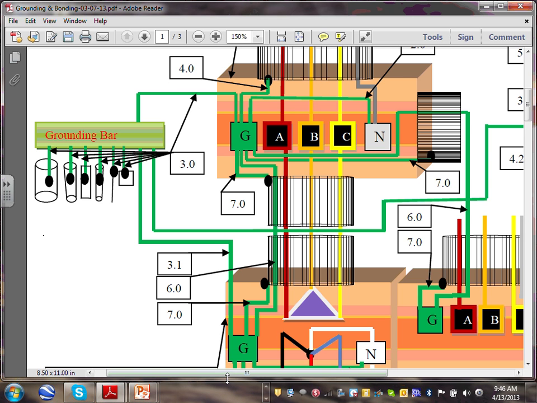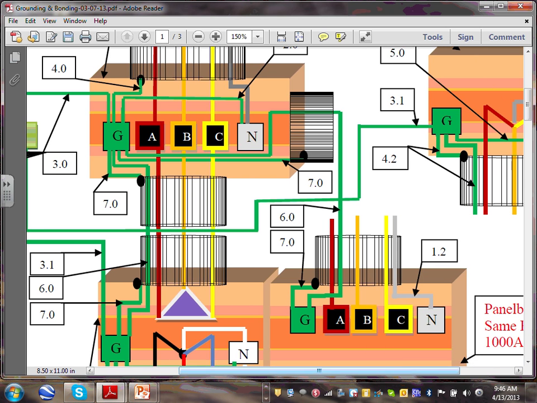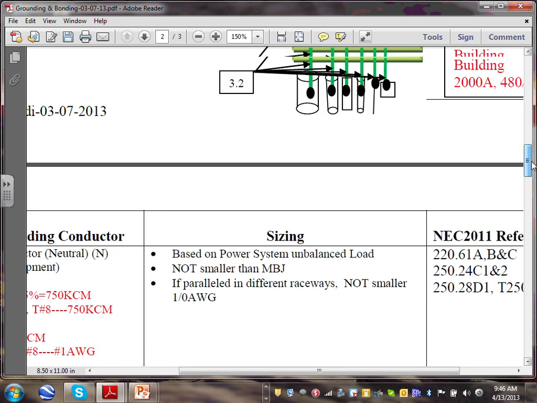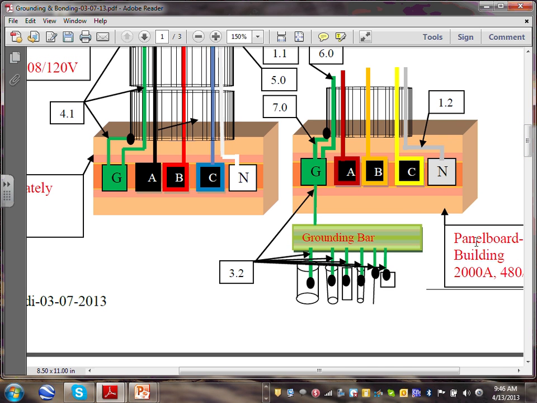So as I go to the second building, I'm supposed to provide an inter-system bonding terminal for the low voltage systems to be tied to. In my case, that grounding bar will act as the inter-system bonding terminal. But if I'm not using a ground bar, I'm supposed to take number 6 to a set of lugs by the service as you enter the building.